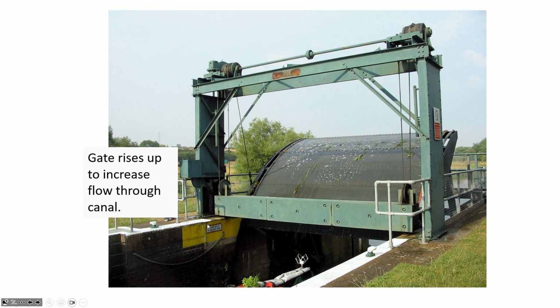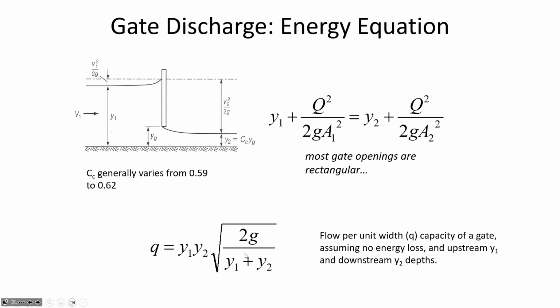You see you've got a vertical sidewall, and the gate just goes downward the entire width of the channel. So if we want to know the flow per unit width, we can estimate that by looking at the upstream and the downstream depths. And so this equation could estimate, assuming no energy loss.